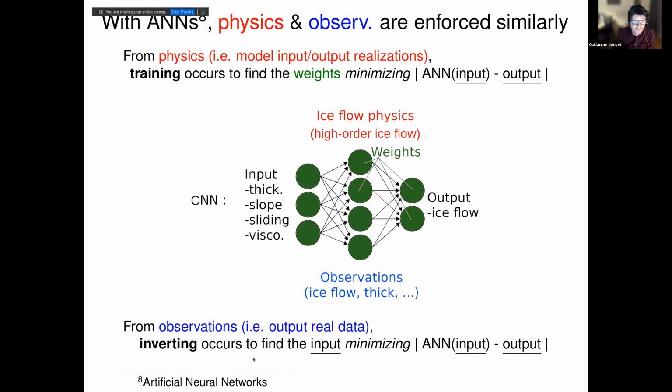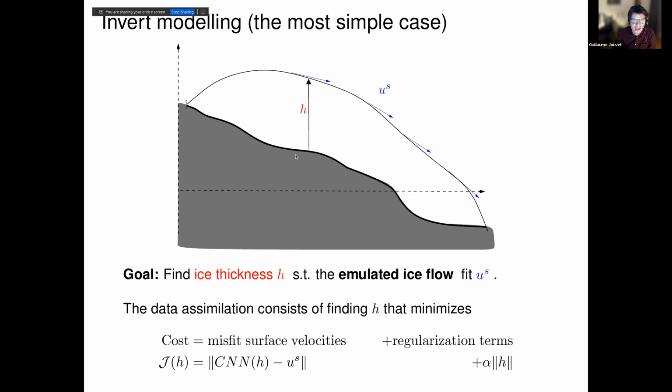The only thing that is different is the controls: we are controlling the weights, or we are controlling the input. It also means that enforcing the physics or the observations can be done in a very similar fashion, taking benefit of the same tools, which are essentially automatic differentiation.